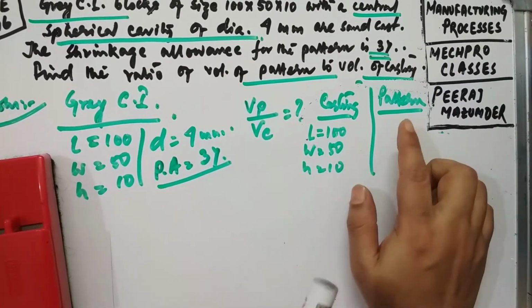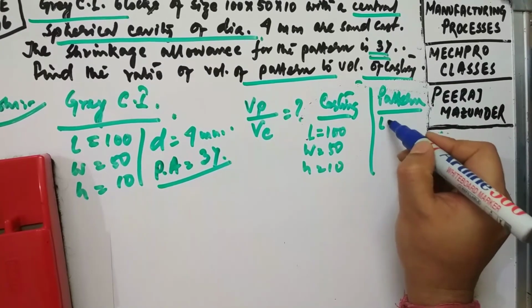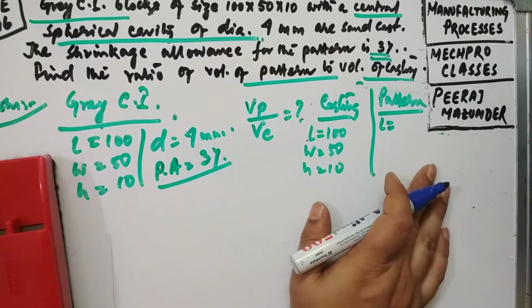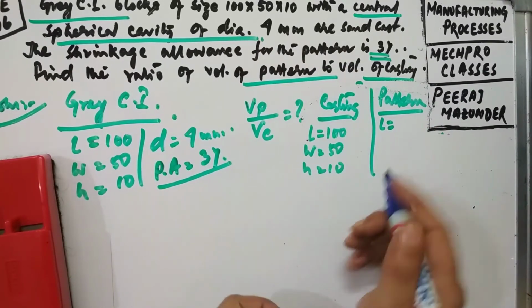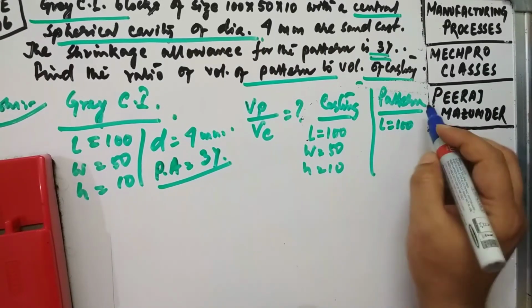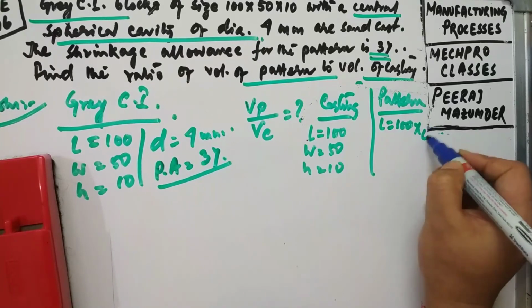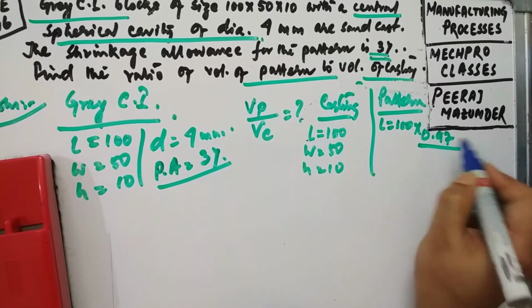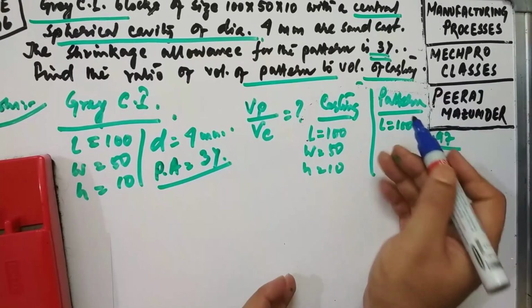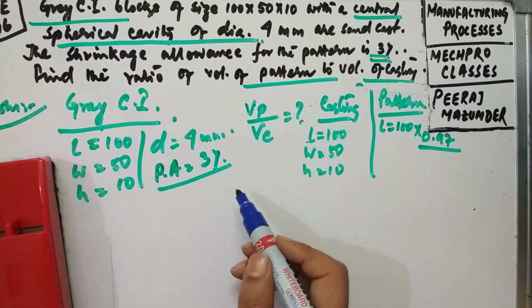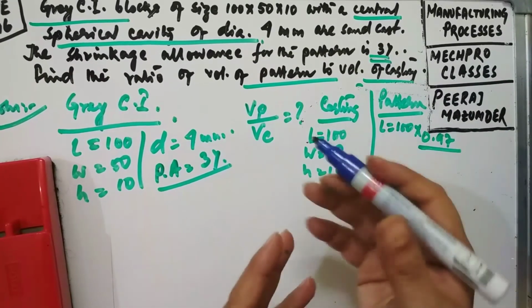For pattern, L will be similar to the previous problem. It will be 100 into 0.97. Why is it 0.97? Because you have to make a smaller size of pattern in case of gray cast iron, as after solidification it will expand.